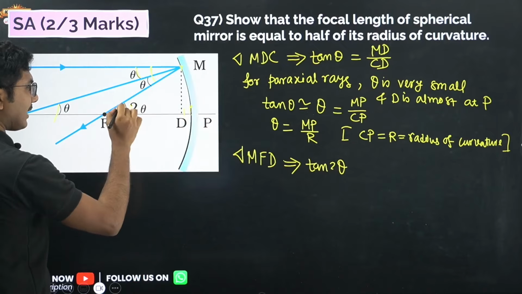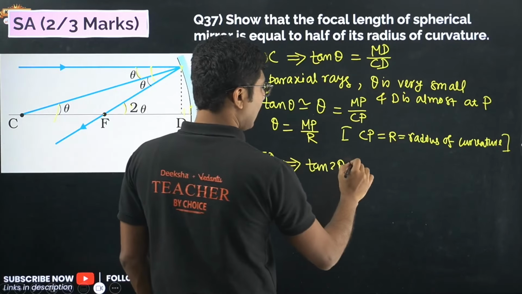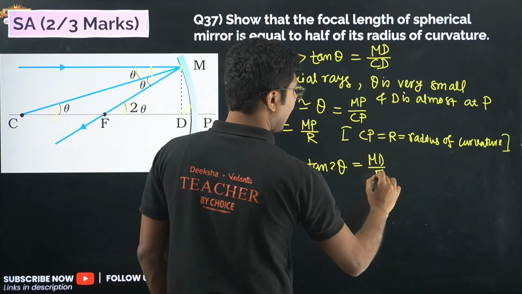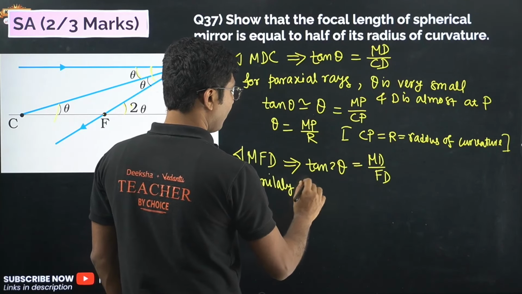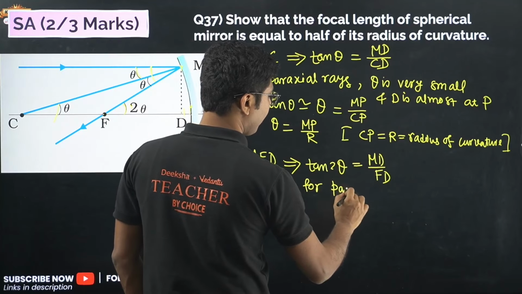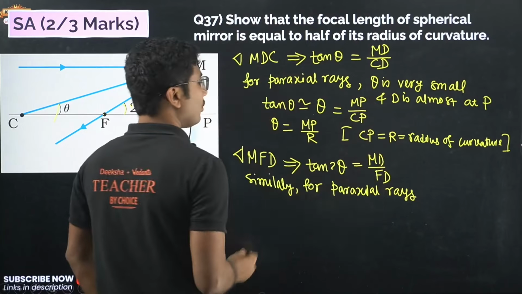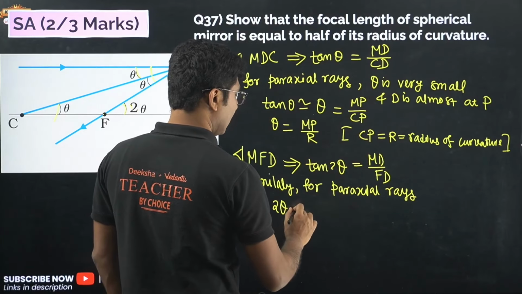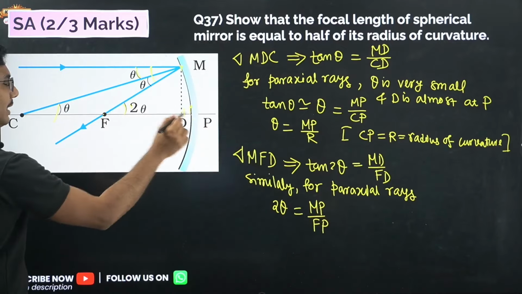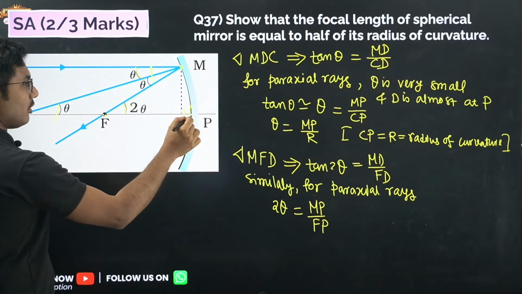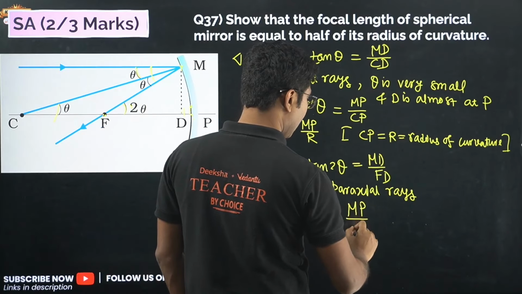Now for this triangle tan 2 theta will obviously be MD by FD, and similarly for paraxial rays we can simply write 2 theta equals MP by FP. Now what is FP? F is the focus, this is the pole, so FP must be the focal length, so this can be written as MP by F.